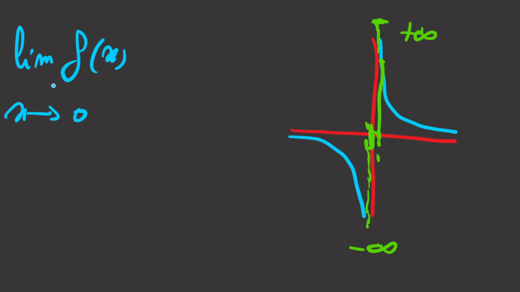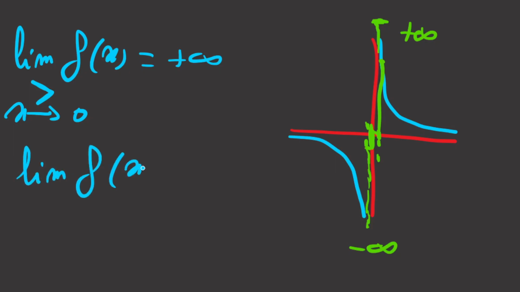And if we write the greater sign here, it means we are on the positive side, or numbers which are on the right of 0. We get plus infinity. And if we write limit of f of x when x is approaching 0 on the negative side, so on the left side, we get minus infinity.